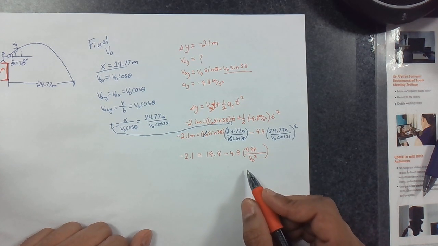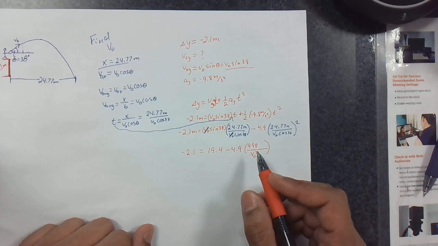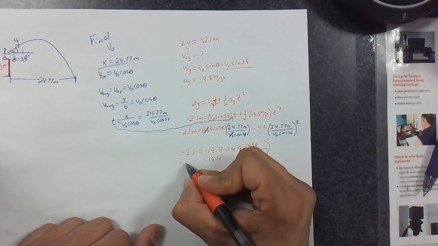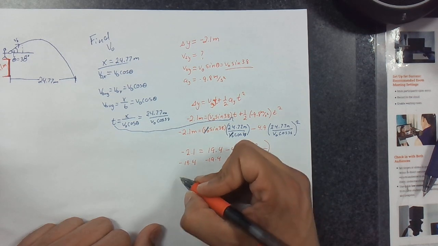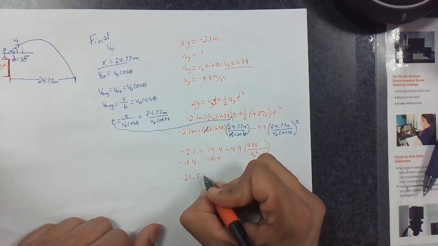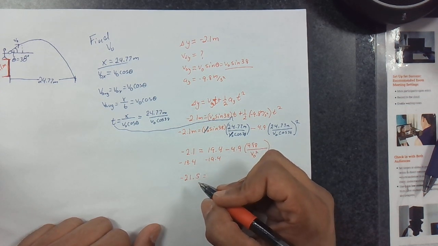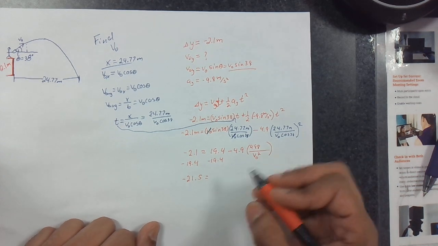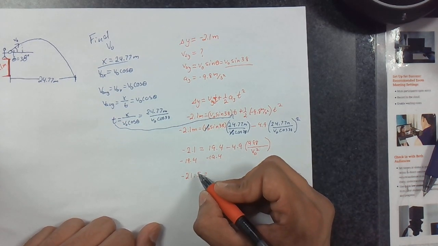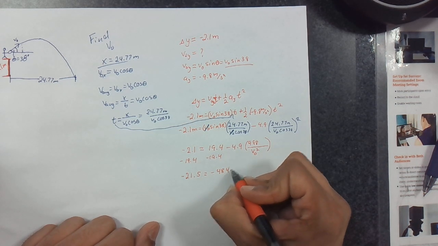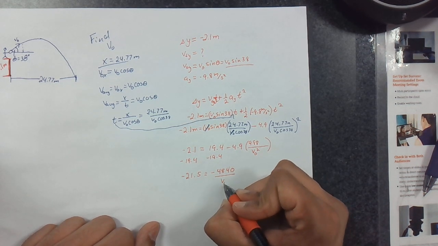So now we just solve for v naught squared. So separating that, we subtract 19.4 from here, which gives us negative 21.5 is equal to, multiply that through, negative 4,840 over v naught squared.